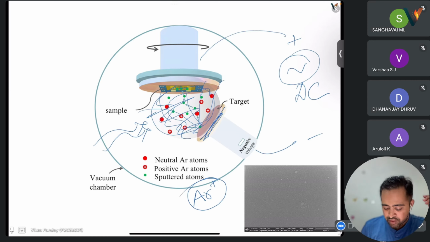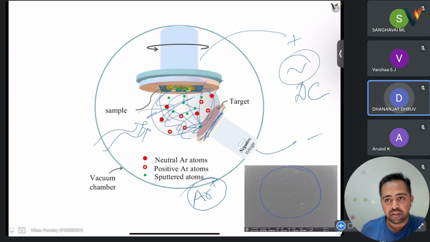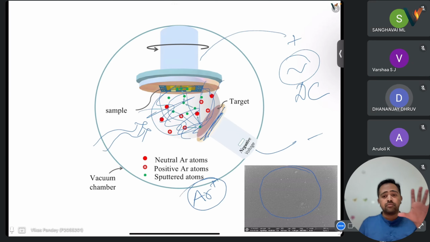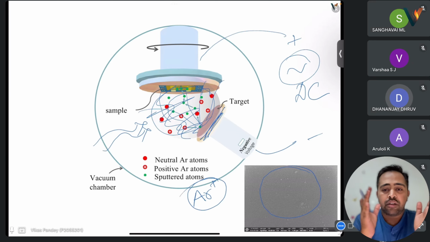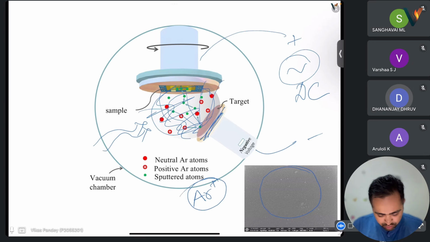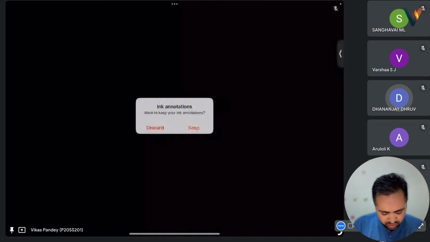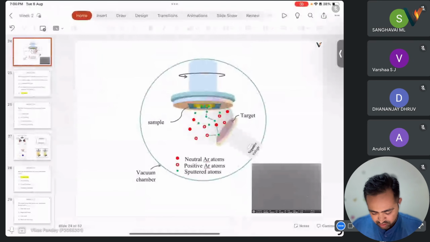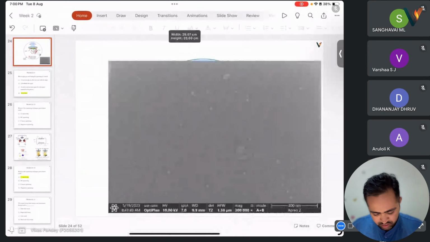So you will see, this is from one of my works. You see how these small particles are deposited. Are they visible? Yes, the particles are visible. Let me zoom in.